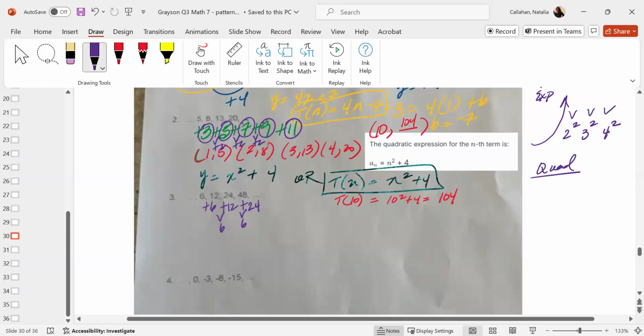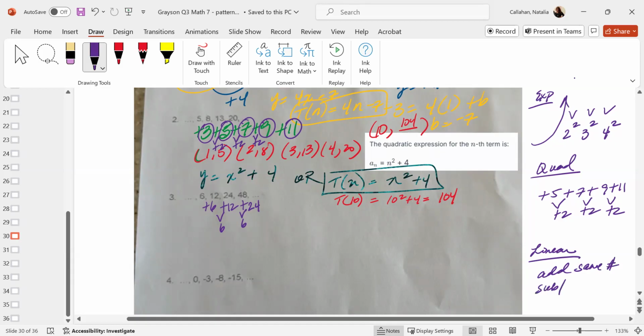Quadratic just means that you're going to have plus 5, plus 7, plus 9, plus 11, right? And there's a difference of 2, right? So that's quadratic. Linear is you just add the same number, so it's add or subtract by the same. Do you see the difference now?